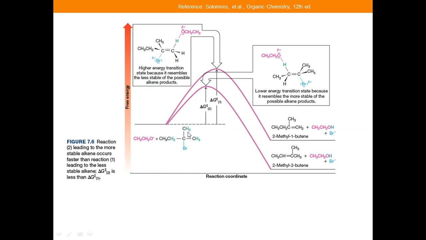When it abstracts this proton here, you form the disubstituted alkene, and you get a very high delta G. Compared to that, when it abstracts the proton here, you get a trisubstituted alkene, and the delta G is much lower.